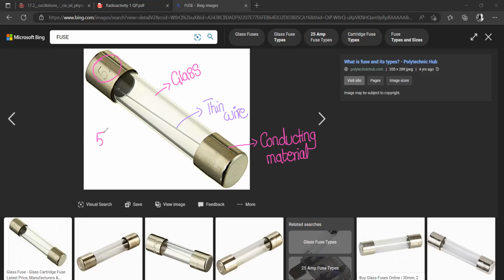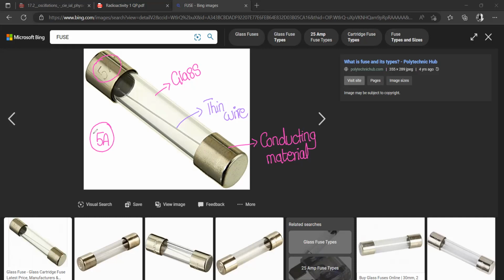So what is the meaning of this 5 ampere? It means that the range of electric current in the circuit should be less than 5 ampere, right? If a high voltage or high power is supplied into the circuit which gives a current greater than 5 ampere, this wire actually melts, because it is a thin wire and it can only bear a current of 5 ampere.